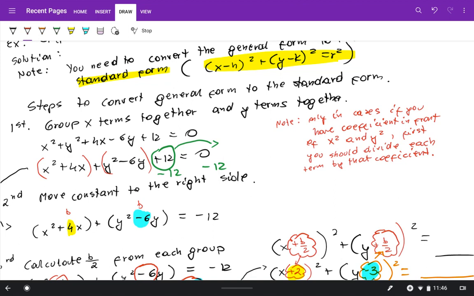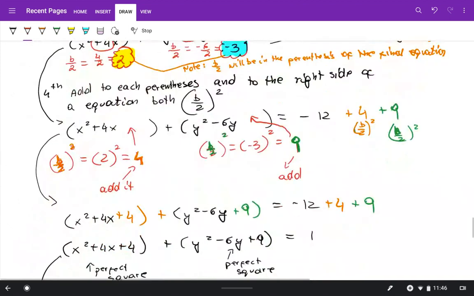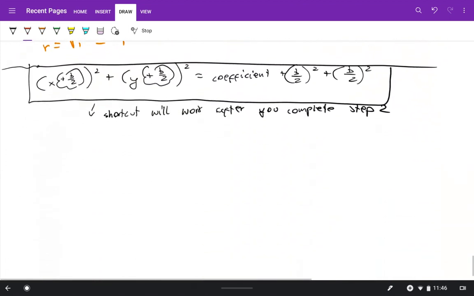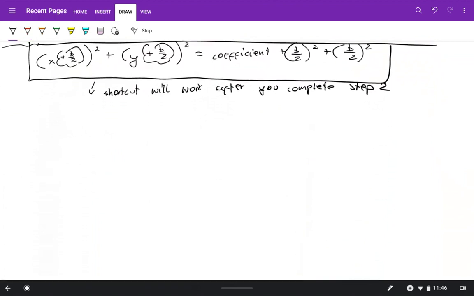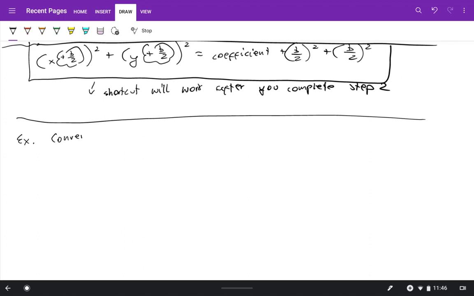Okay, so let me show you why I'm putting that note. Okay, let's just do an example. Another example: convert the general form to the standard form.